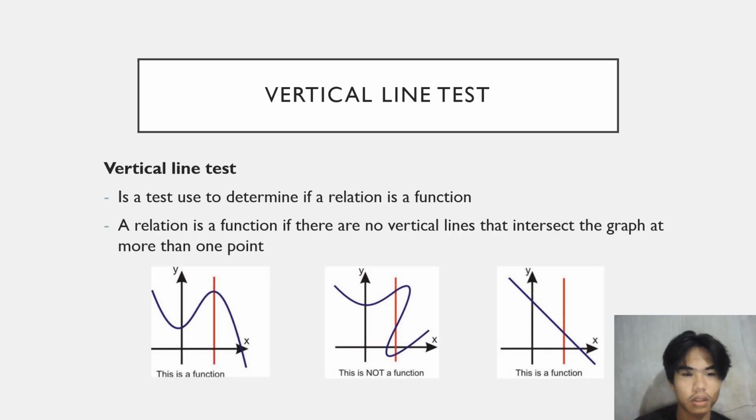In the first example, the vertical line only intersected one point, thus it is a function. While the second graph intersected the vertical line more than once, showing that the given graph is not a function. While the third showed a one point intersection, indicating that the graph is indeed still a function.